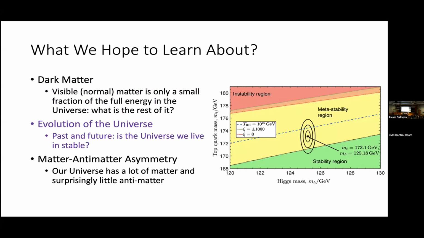Another thing is the evolution of the universe. We know quite a bit about how the universe was evolving from the beginning to today. What's going to happen next? Good question, right? If you look at our current theoretical understanding, if everything that we have is exactly correct, our universe is actually not stable.